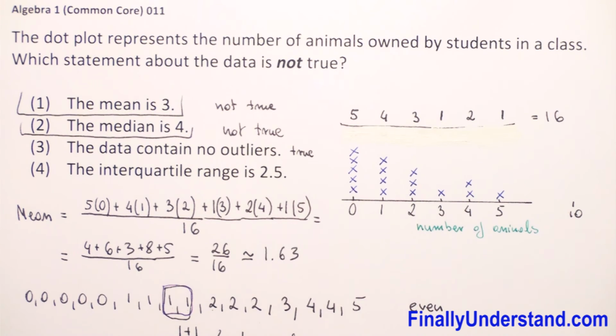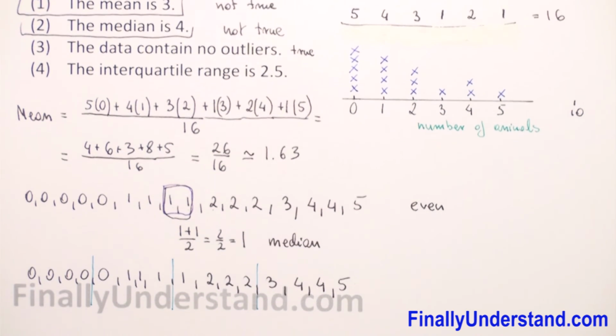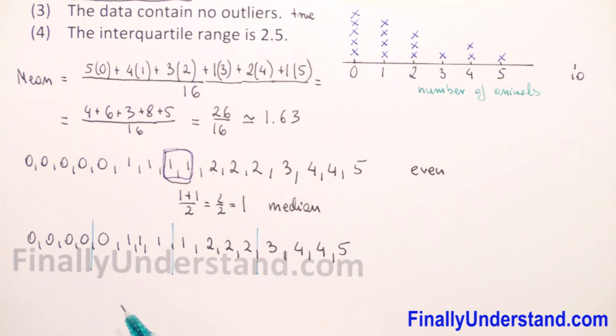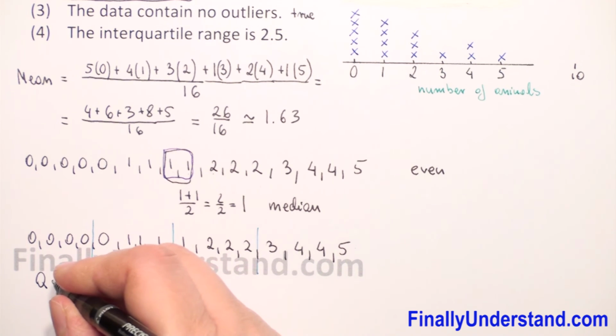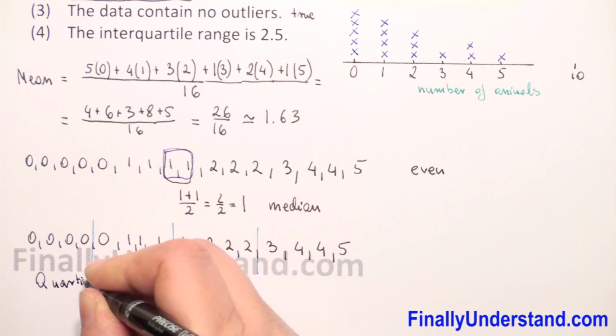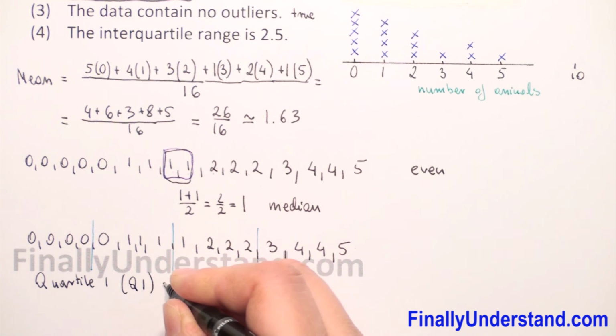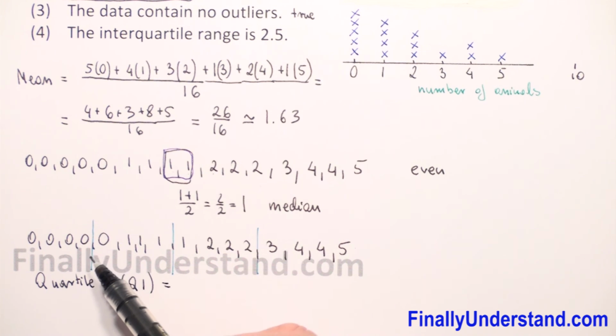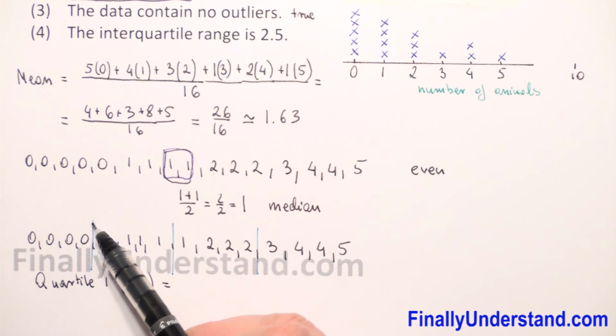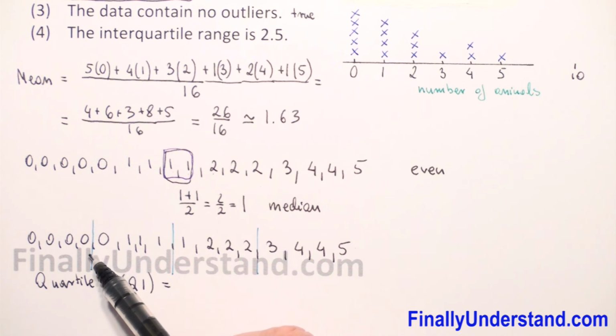And what next? In this example, the quartiles are between the numbers, between zeros, 1, 2 and 3. So we can write that quartile 1, Q1, is equal to what? We have to add these two numbers which are divided by this line and divide by 2.